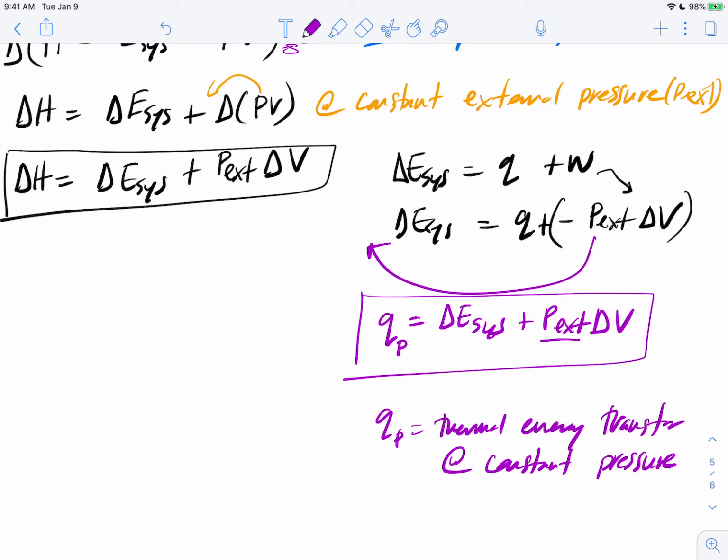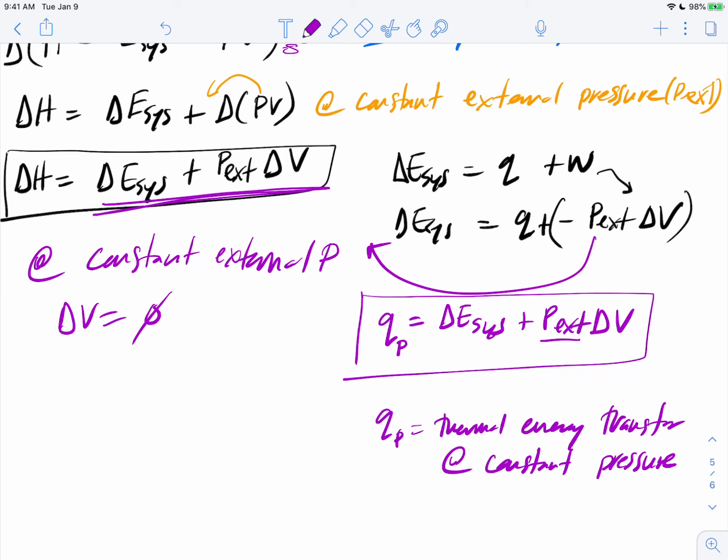So if we look at this, at a constant external pressure, delta V is equal to 0. That's one way to look at it. The other way is that this term right here is equal to this right here.